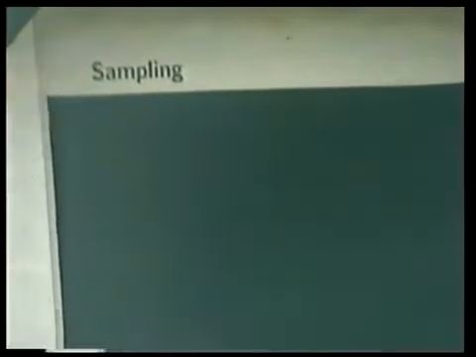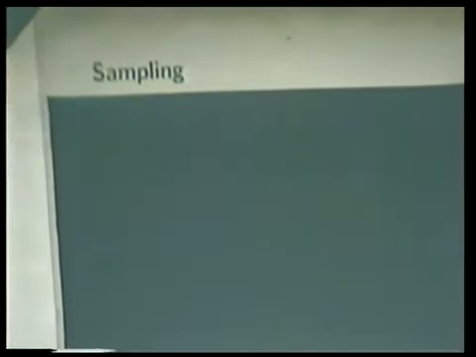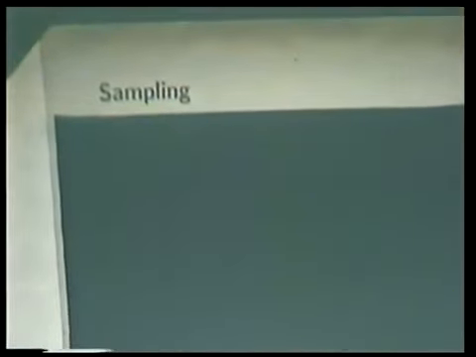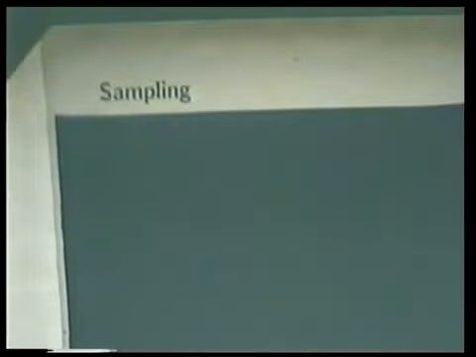So let me try to talk about what got me mainly interested in these issues, and that's the problem of sampling. Let me mention here that one of the progresses in computer science has been that various types of basic algorithmic questions have been identified.